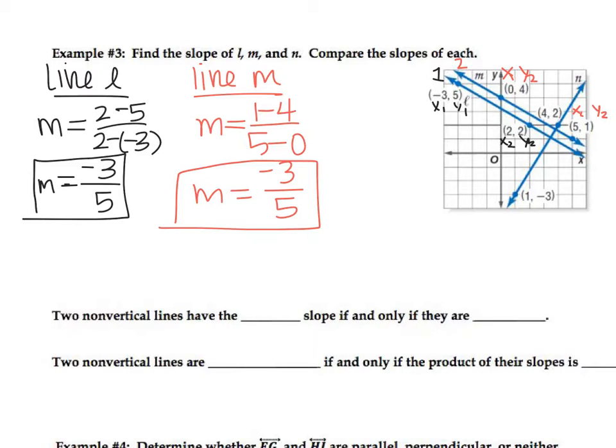And then our last line is line N, so our third line. 2 points on that line are the points 4, 2, which we'll label as x1, y1, and 1, -3, which we'll label x2, y2.